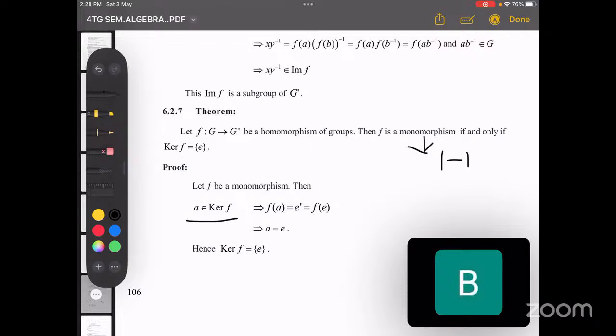This is by the definition of the curl. That is F of A is equal to E dash is equal to F of E. So these two are equal, so A is equal to E here. Hence curl F is equal to E, that is a singleton identity element.